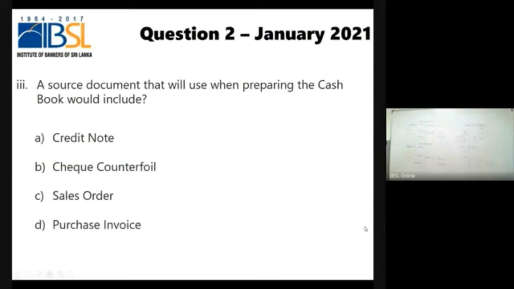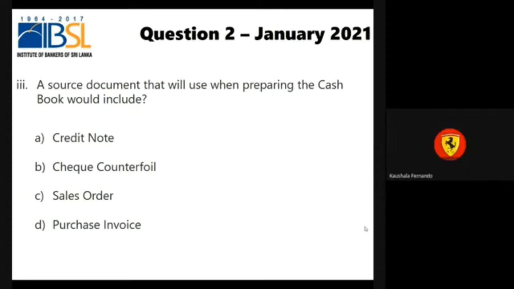A source document that will be used when preparing the cash book? Which one? Purchasing list.